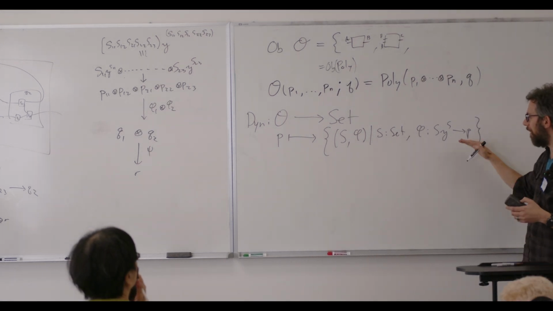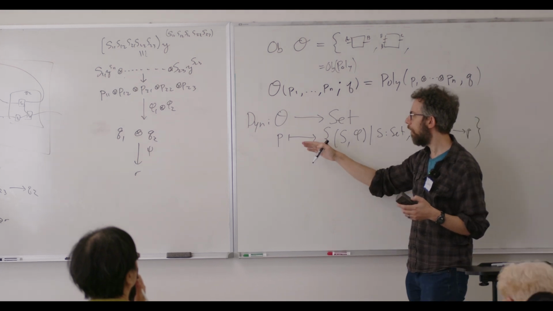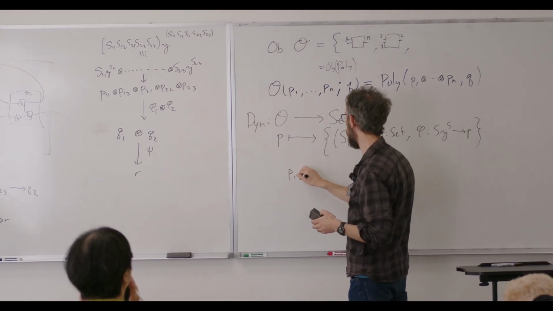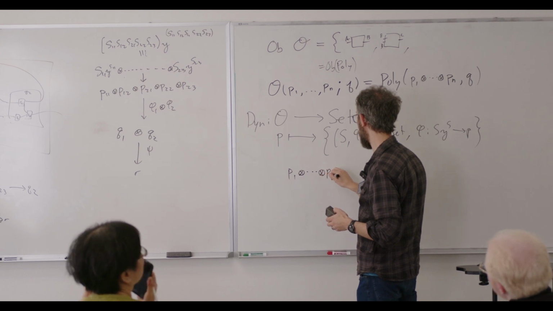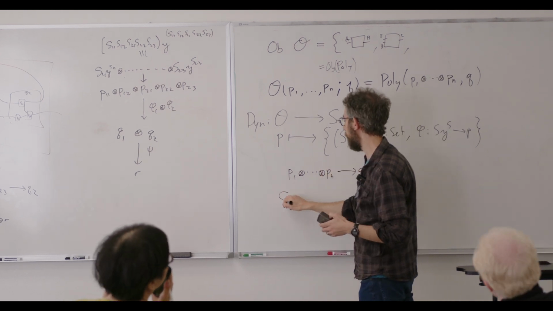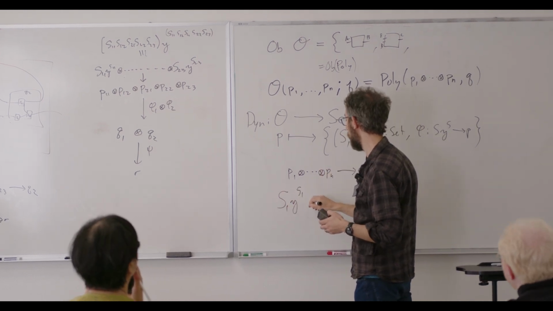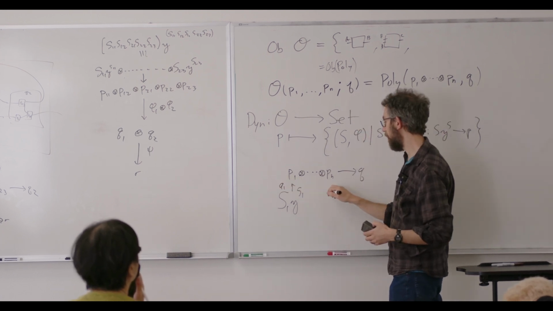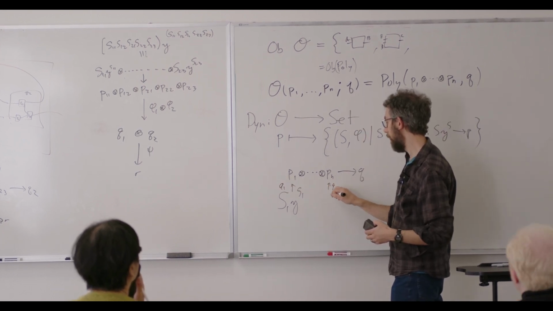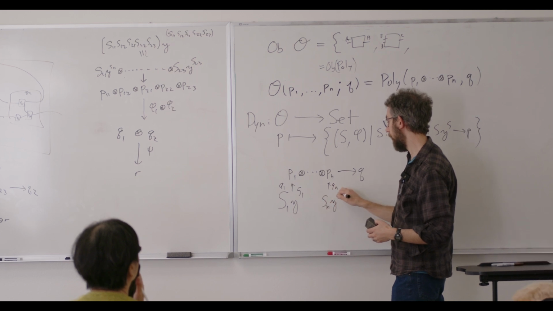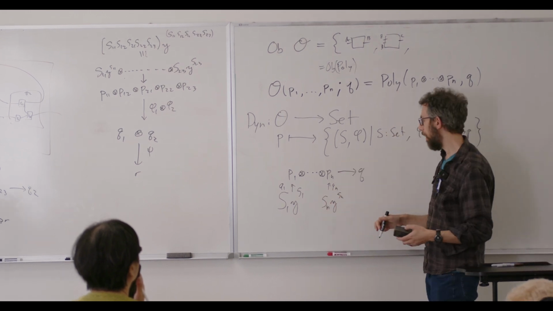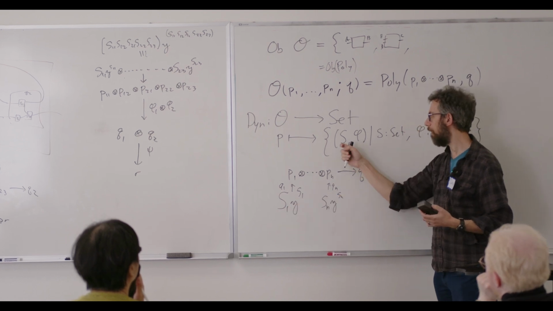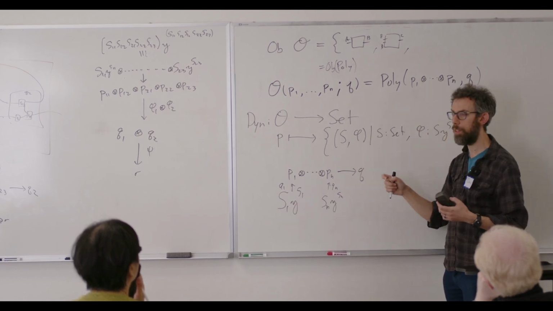But whatever. And then this formula tells you how, if I have a map from P1 tensor through Pn to Q, and I have S1 y^S1 mapping to P1 by phi 1, and all these other things, Sn y^Sn mapping to Pn by phi n, then somehow I need an S and a phi that gives me where Sy^S maps to Q.